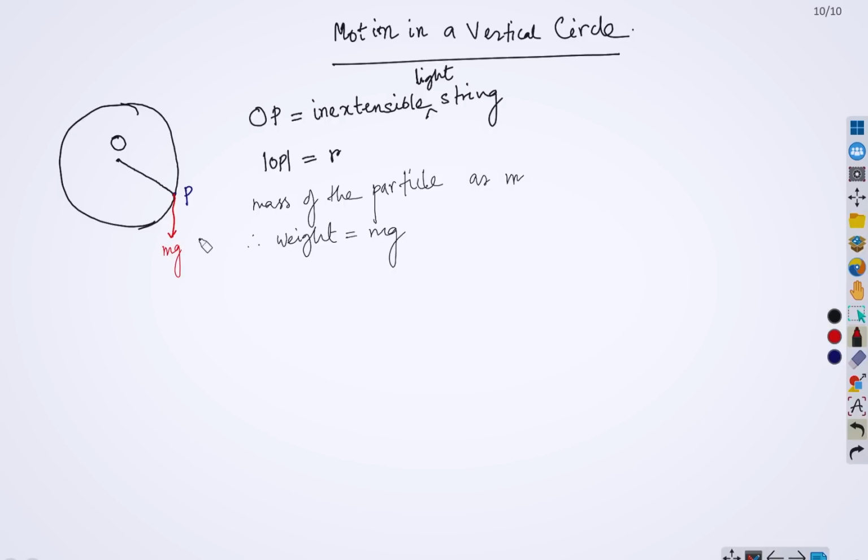We have mg acting downwards, and this is the horizontal component and this is the vertical component. If this angle is theta, then this is also theta. So this one is mg cosine theta, and this one is mg sine theta.